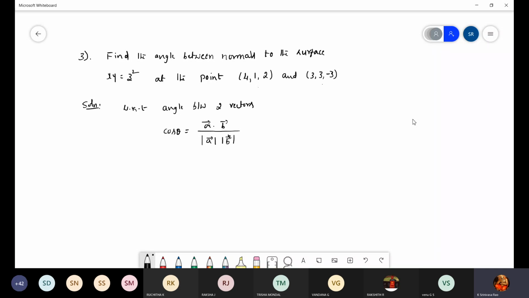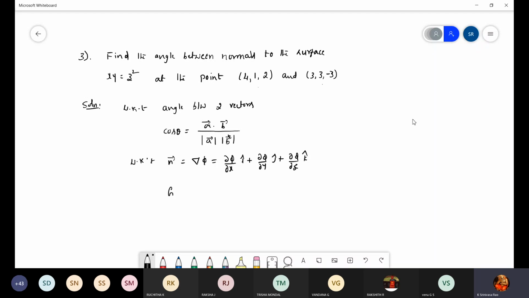Next, we know that vector n equals grad phi, the normal vector. You can write the formula also: grad phi is dou phi by dou x i cap plus dou phi by dou y j cap plus dou phi by dou z k cap.